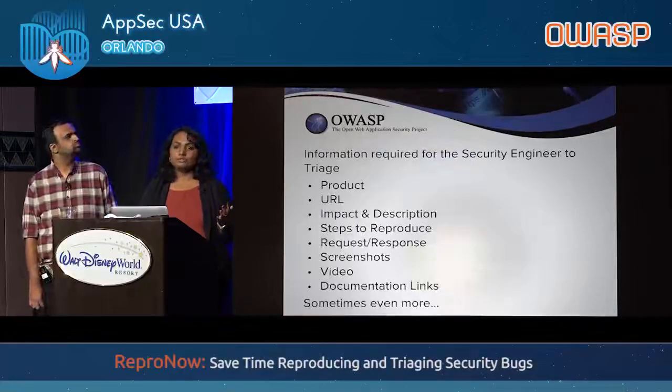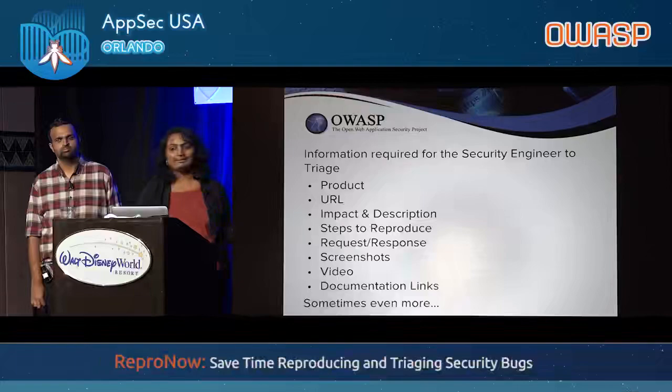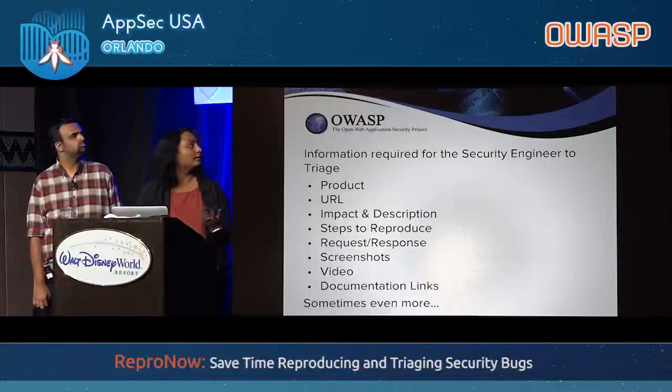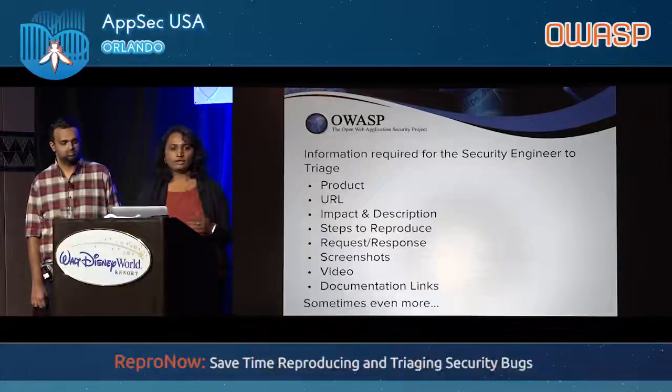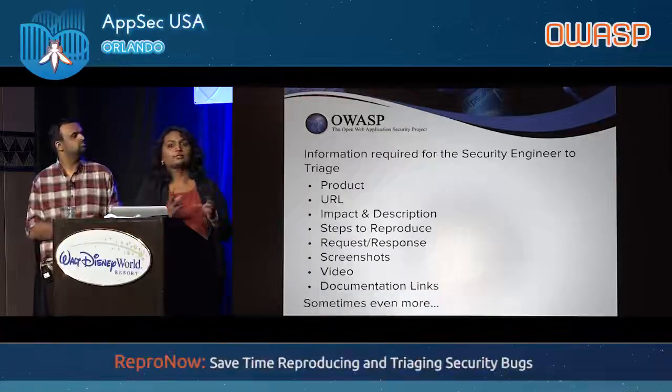So let's look at what information a security engineer would need to actually triage a bug. To start with, you need to know what product the bug is on, of course, and then you need to know the URL if it's a web application. You need to know the impact description. What is the researcher defining here? What is he trying to get to? Of course, the steps to reproduce.